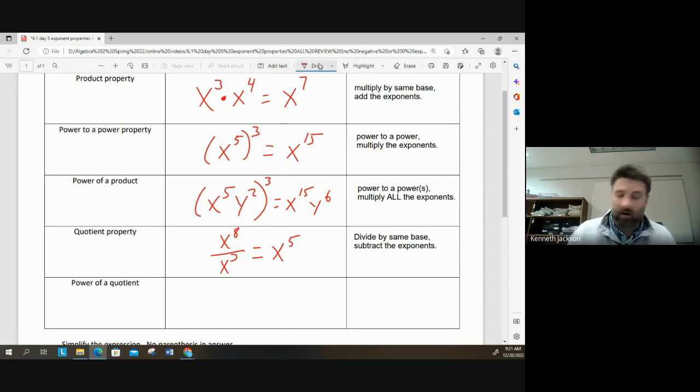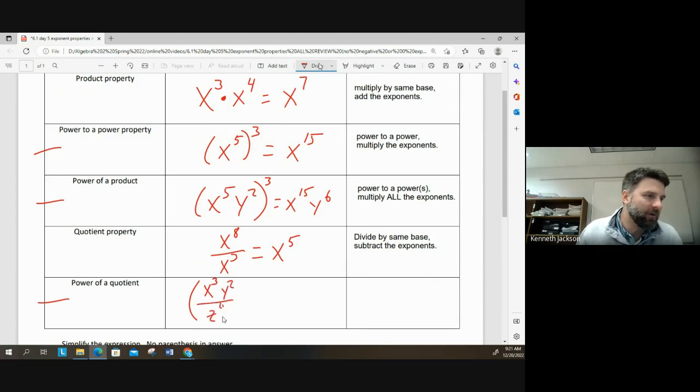And then again, our last rule, the power of a quotient, is basically these 3 rules here are essentially the same rule. And that is if you have powers on the inside of a quotient or a fraction of the parentheses. For example, x to the 3rd y squared divided by z to the 4th, all of these powers raised to the 5th. Well, it's essentially the same rule.